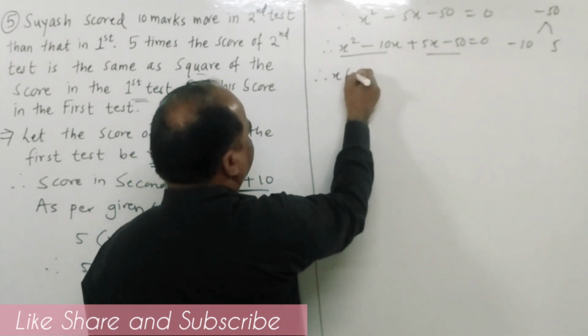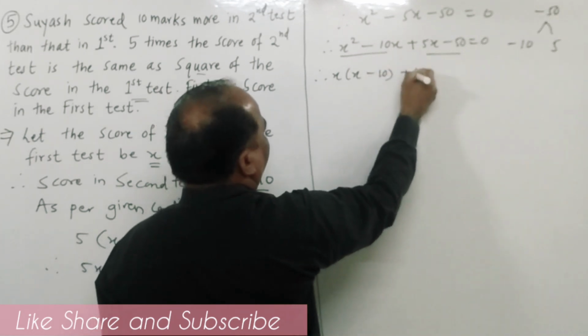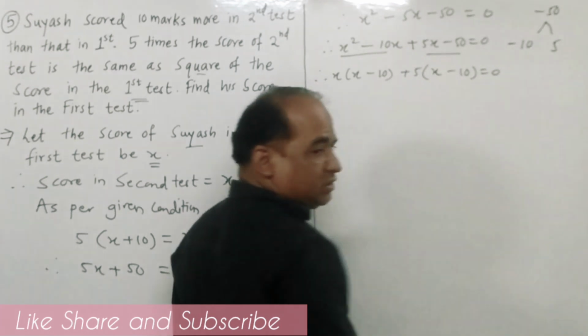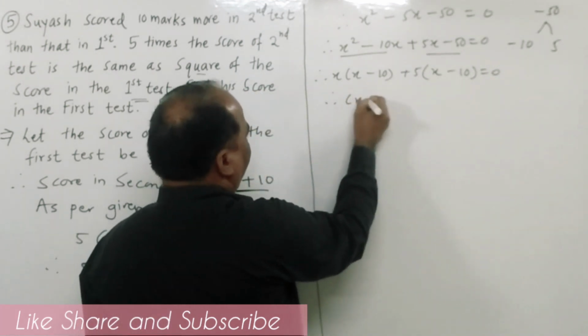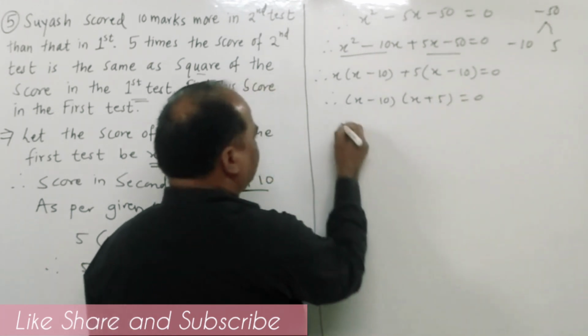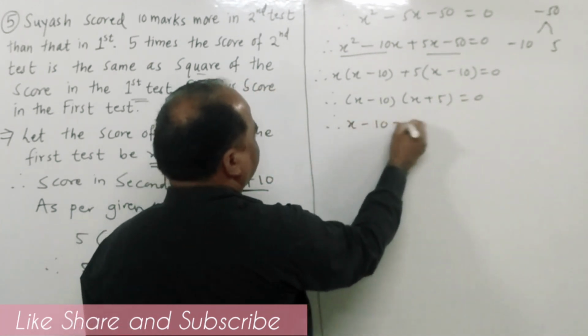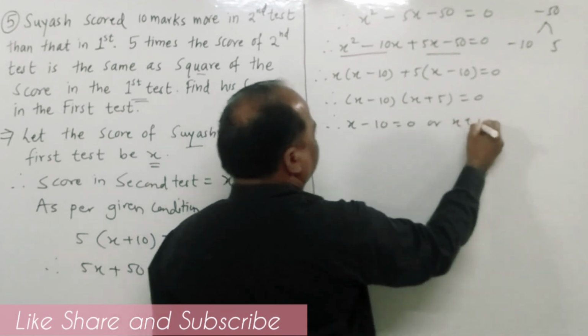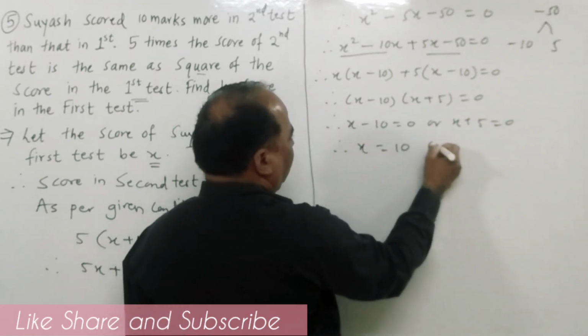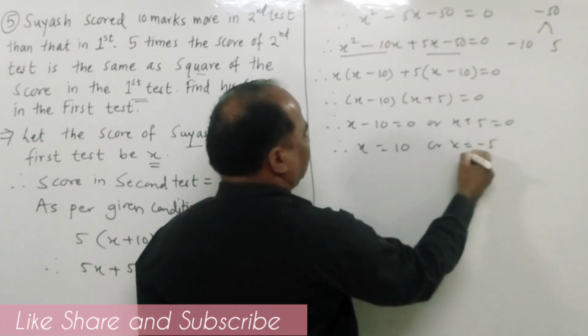Therefore, x is common here, x minus 10, plus 5 is common, in bracket x minus 10, 5 times the 10, 50, is equal to 0. Therefore, x minus 10 in one bracket, x plus 5 in second bracket is equal to 0. Therefore, x minus 10 is equal to 0, or x plus 5 is equal to 0. Therefore, x is equal to 10, or x is equal to minus 5.